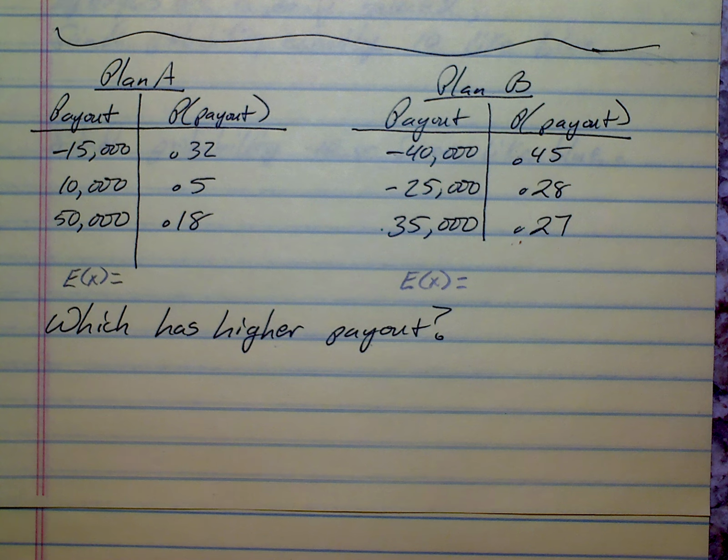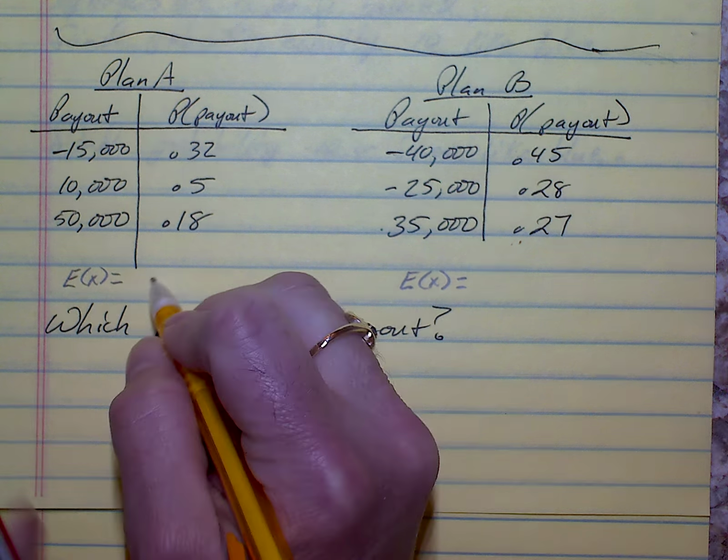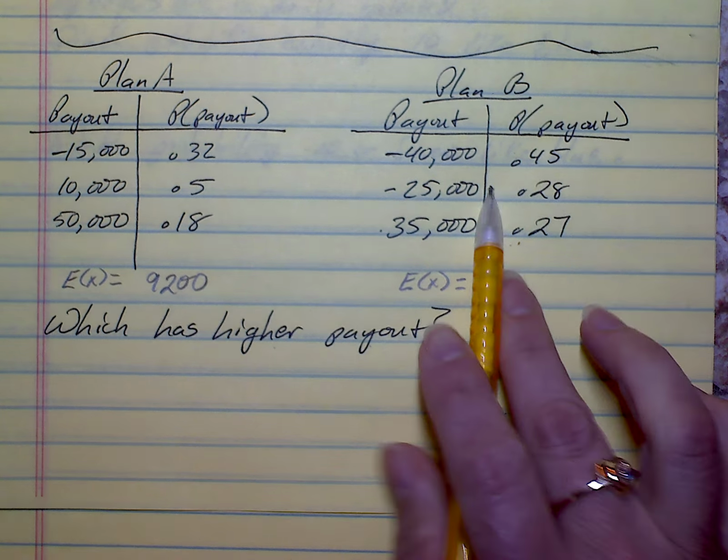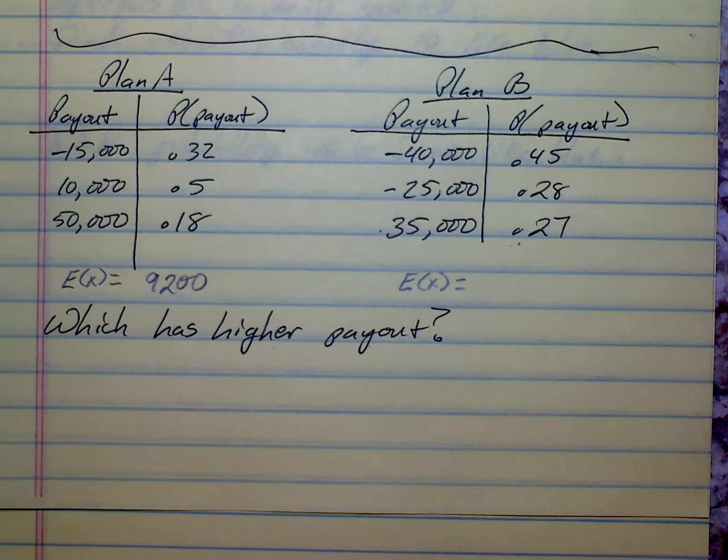10,000 times 0.5, 50,000 times 0.18, and that gets me 9,200 for this one. The expected value over here, I'm going to take negative 40,000 times 0.45, negative 25,000 times 0.28, and 35,000 times 0.27.